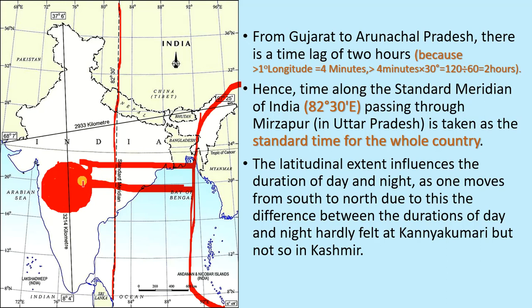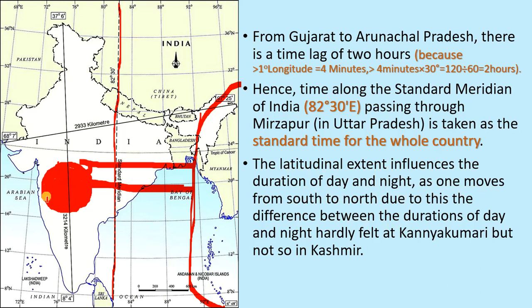The places near the equator will have longer days and shorter nights in comparison to the places near the polar region. So latitudinal extent influences the duration of day and night as one moves from south to north.